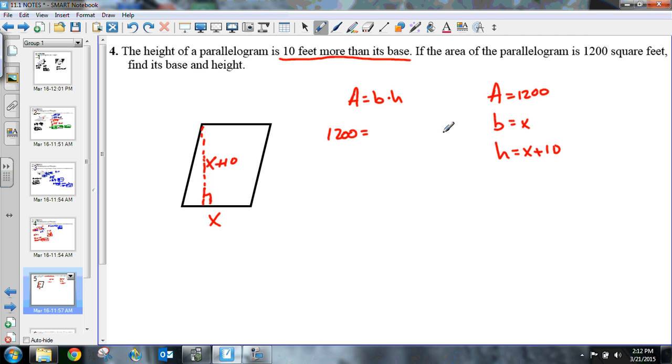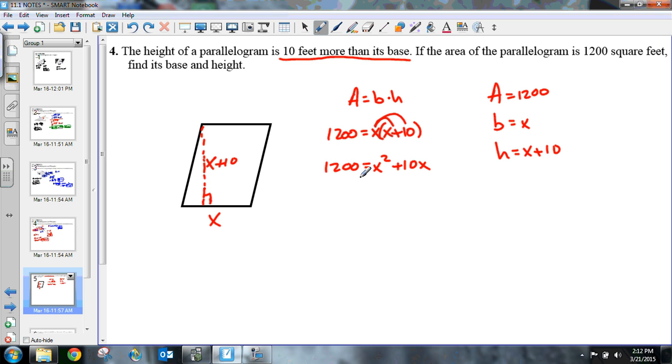Now my base is x, and I'm going to multiply that by my height. Now my height is the quantity x plus 10. So what I can do here is distribute my x, all right, and I'm going to get a quadratic. I'm going to get 1,200 is equal to x squared plus 10 times x.